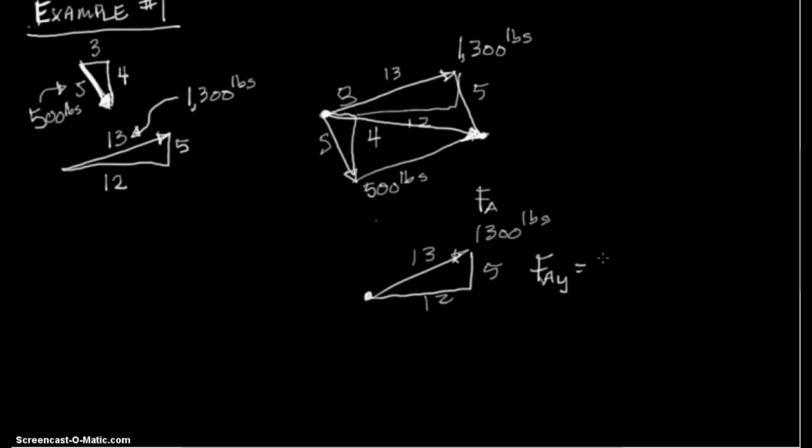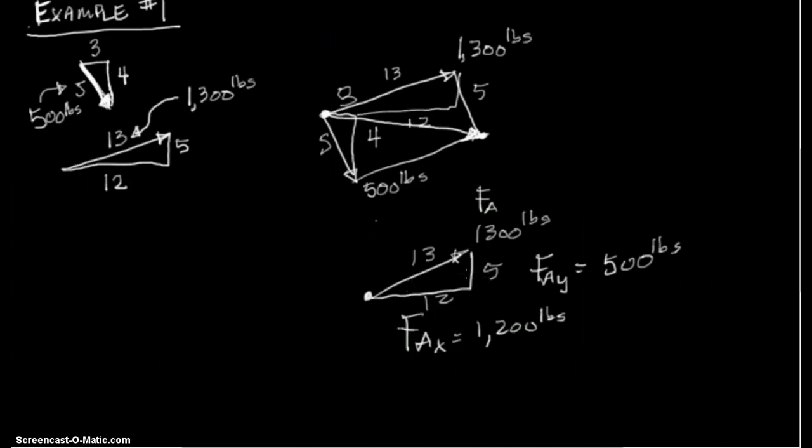If you get that, I'm sure you understand what I'm talking about. So the force of A in the Y direction is 500 pounds, and the force of A in the X direction is 1,200 pounds. I hope that makes sense. If it doesn't, we can go over a bunch of examples and you'll get it in the next couple of examples.